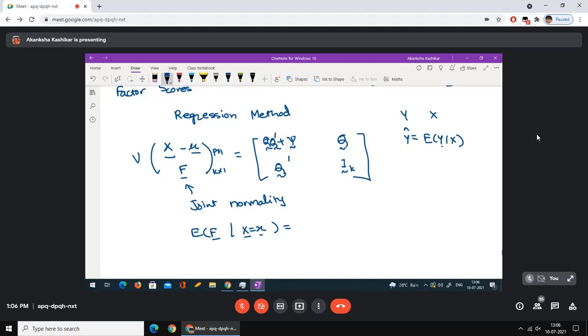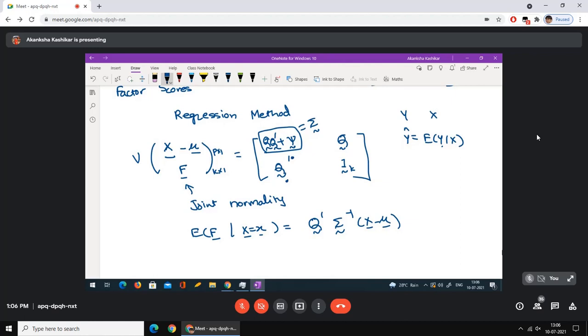Right now you will have to accept it to be true, and when we do multivariate normal you can verify it. So it will be Q prime sigma inverse (x minus mu). Even though I have written QQ prime plus psi, you know this is sigma. So Q prime, then sigma inverse, and then x minus mu.